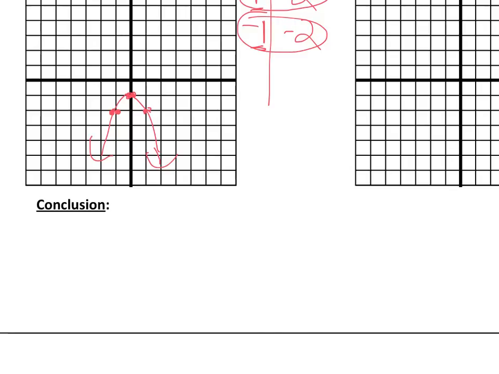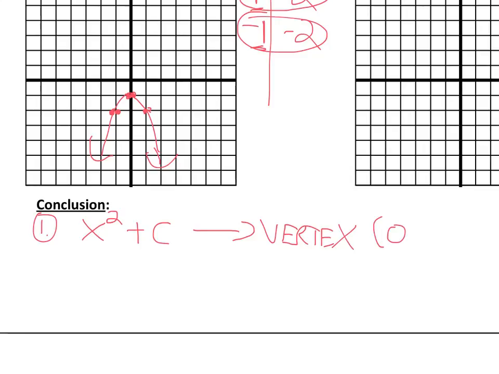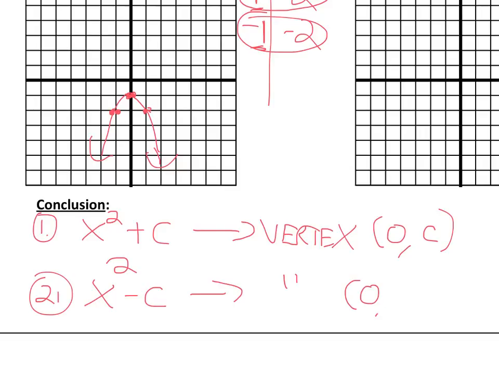For the first case, if we have x squared plus c, then the vertex is shifted up c units. So we'll say the vertex is at 0, c. For the second case, if we have x squared minus c, then the vertex is going to be at 0, negative c.